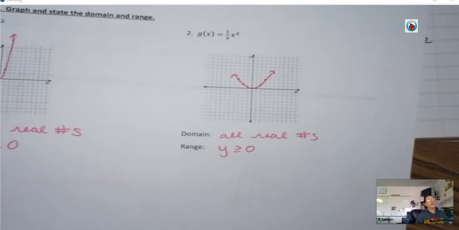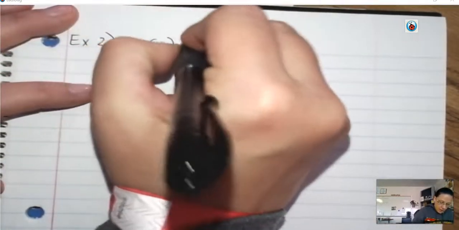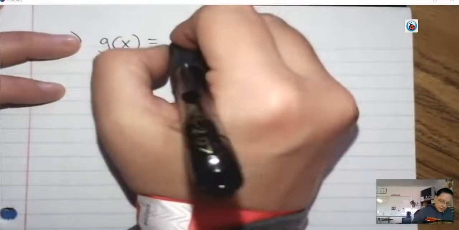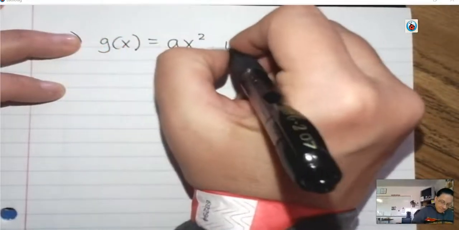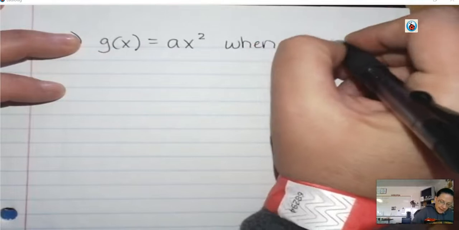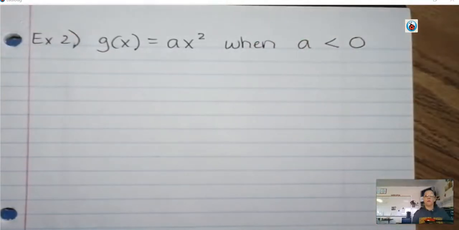Okay, so all of these ones that we've just done is when the a is positive. Now we're going to go on to example 2 where a is negative. For these graphs, it'll be g of x or y or whatever they're using is ax squared when a is less than 0. So for all of these, a is going to be negative.